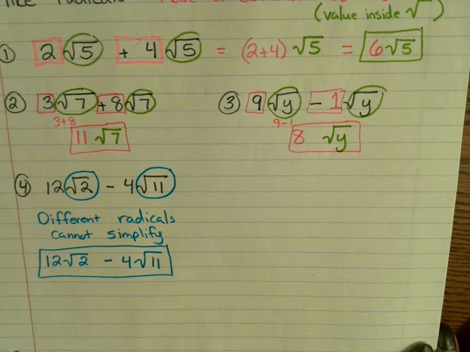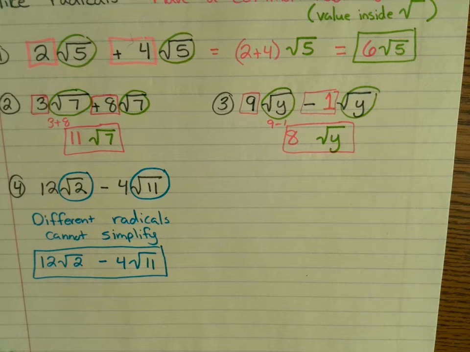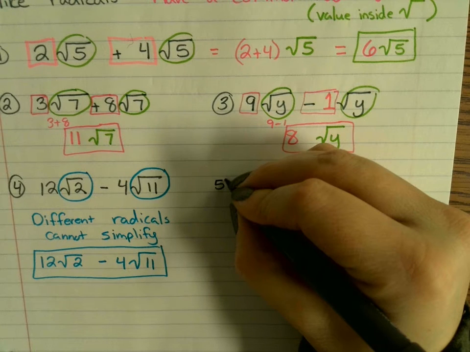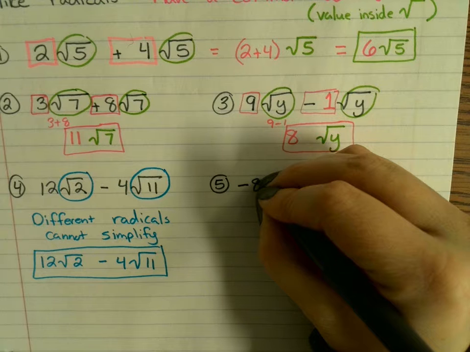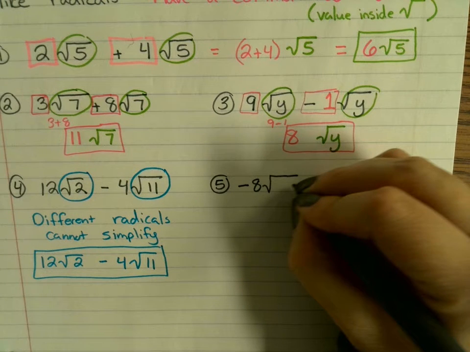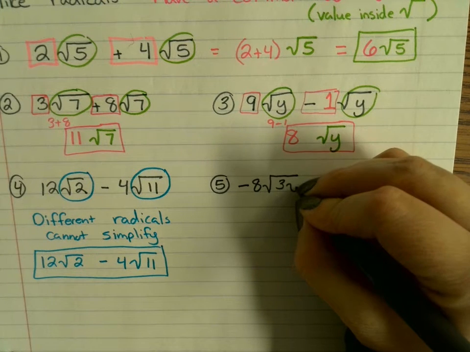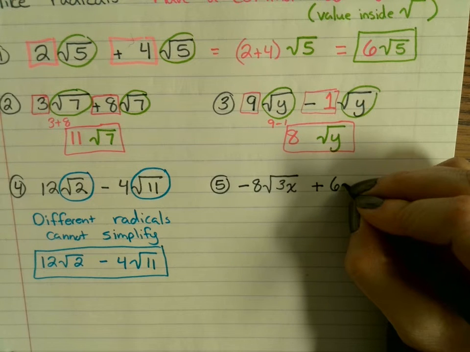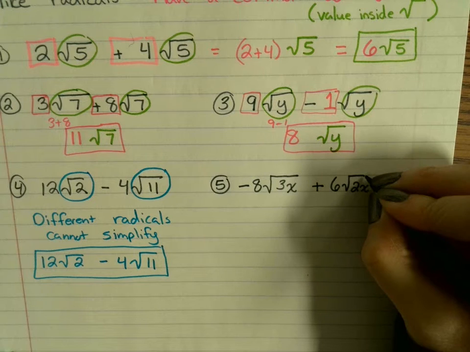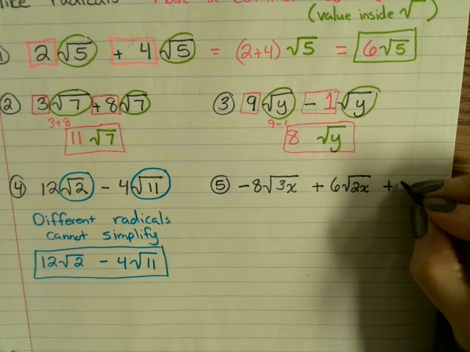Sometimes you can simplify some stuff and not others, all in the same problem. So why don't you guys try this one on your own? Negative 8 square root of 3x plus 6 square root of 2x plus 10 square root of 3x.